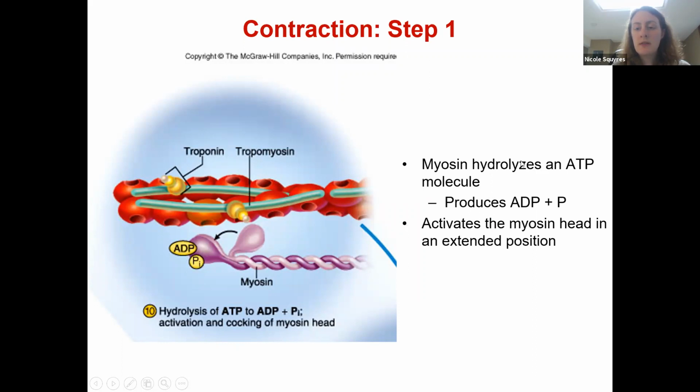Now, when ATP is hydrolyzed, it's going to change the shape of myosin so that it's going to activate the myosin head, meaning that it's going to go from this sort of cocked position, it's going to extend back into this extended position that you see here. Okay, so this is sort of our step 1 of contraction. ATP is going to be hydrolyzed by myosin, which is going to cause the head of myosin to extend.